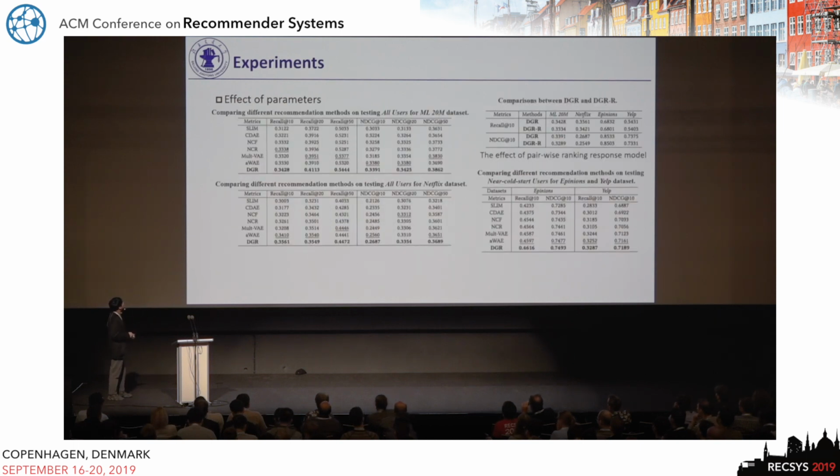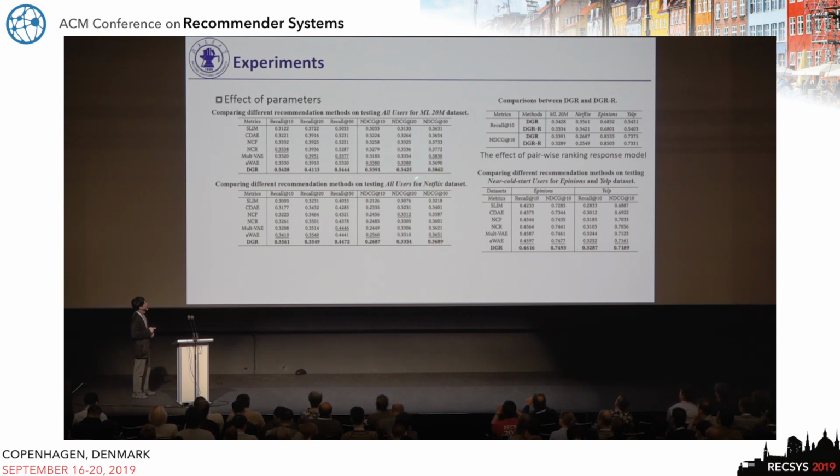And finally, we compare the proposed methods to the baselines in terms of NDCG and recall. Also, we compare the proposed methods from 2 views. The first view is all users, which means that all users are included in the testing dataset to evaluate the performance.